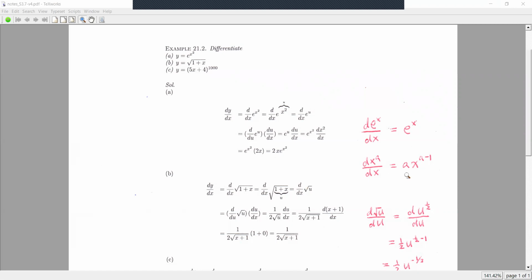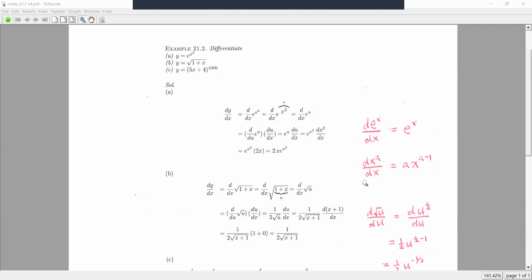So I want to use the formula for power function to compute this derivative. But the formula requires all the variables to be the same variable. In this derivative, u and x are different variables.